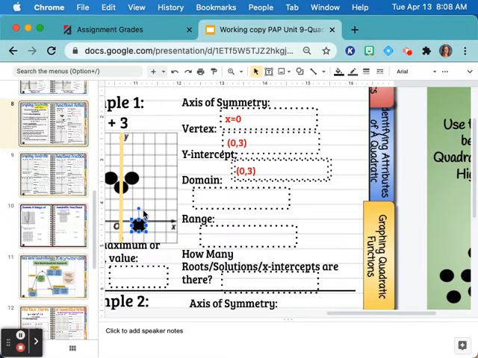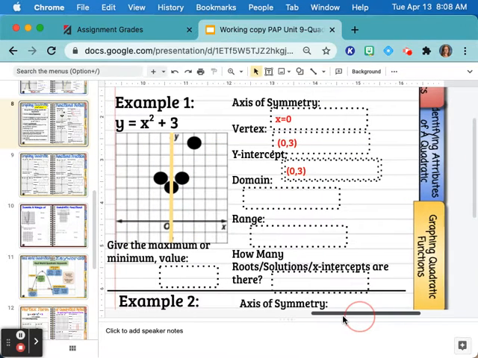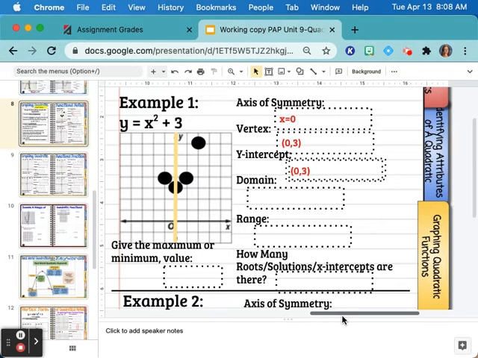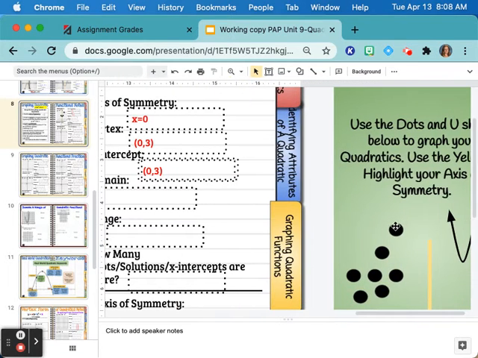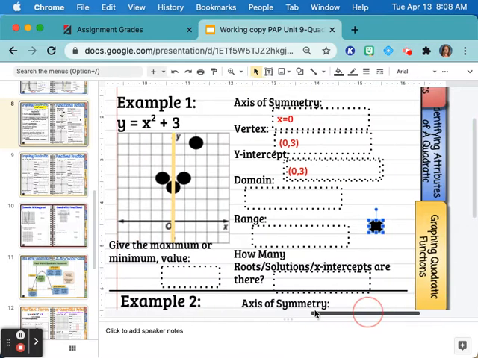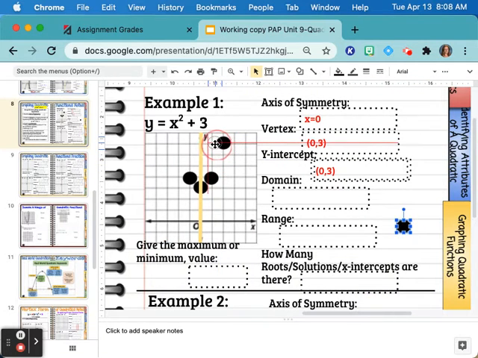So go over 2 and up 1, 2, 3, 4, 5, 6, 7. And then we want to mirror this. So where is the mirrored point going to be? Negative 2, 7. Exactly. It's 2 units away from the axis of symmetry, so you go 2 units on the other side.